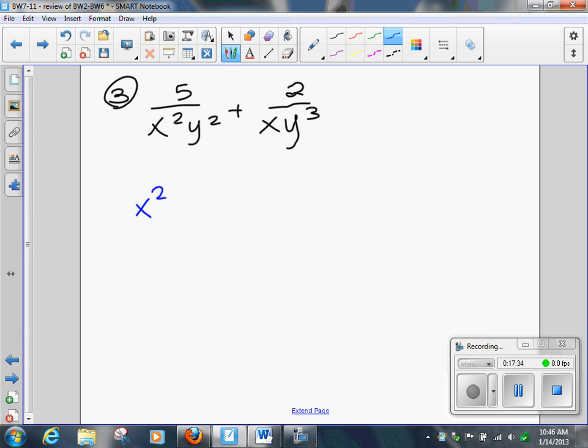The bigger one, which is cubed. If they're already in both denominators, you've got to choose the one with the bigger exponent. Okay? And then, all right, we got a 5 already there. We got a 2 already there.